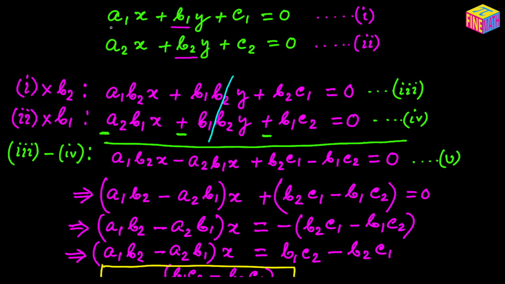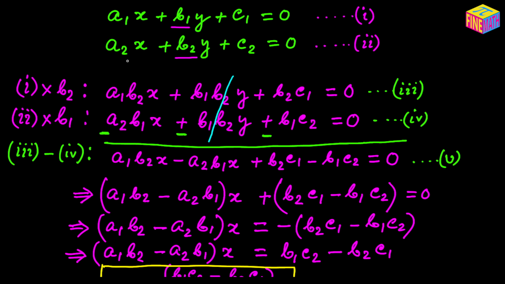In the first equation we have a sub 1 as the coefficient, in the second equation we have a sub 2, and we need to make them equal. So I'm thinking, if we multiply the first equation by a sub 2 and the second equation by a sub 1, then the coefficient of x will become equal between the two new equations, right?